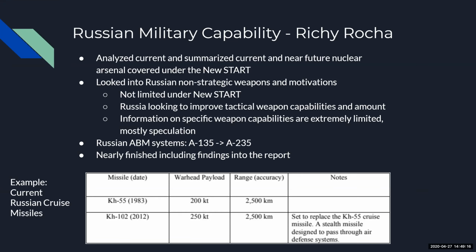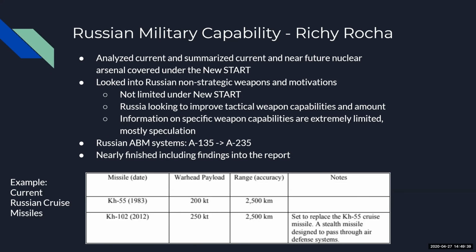But the main issue that I found from a technical perspective with Russia was their non-strategic weapons. Russia has been developing these low-yield, low-range weapons, which are not covered under the New START Treaty, and they are continuing to look to improve their capabilities.